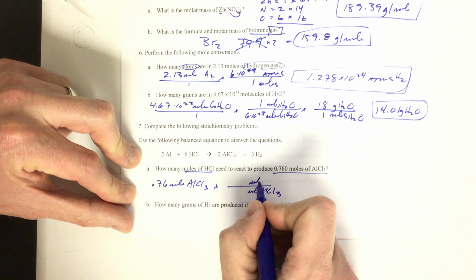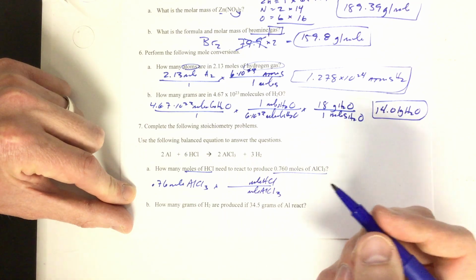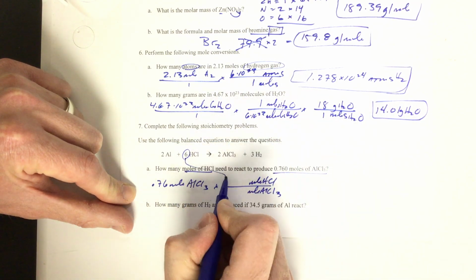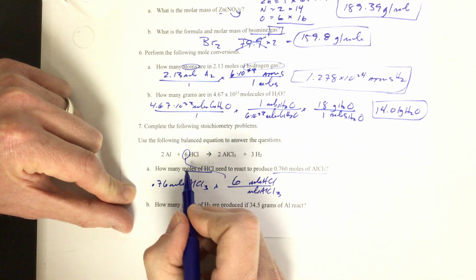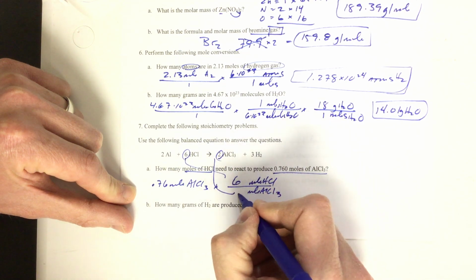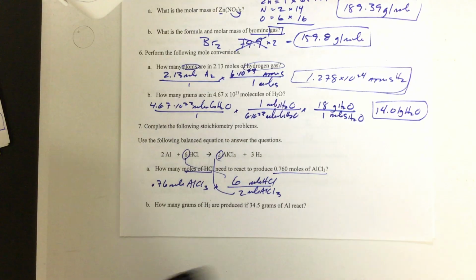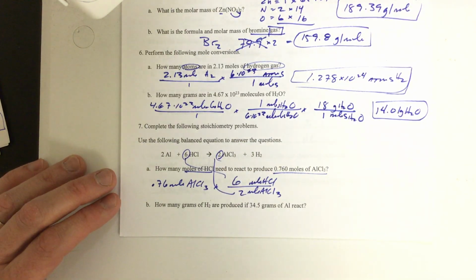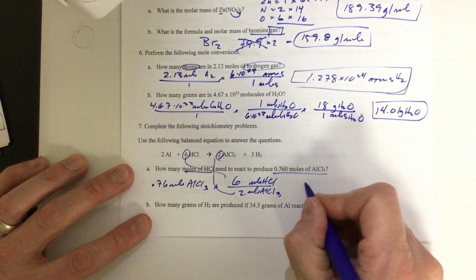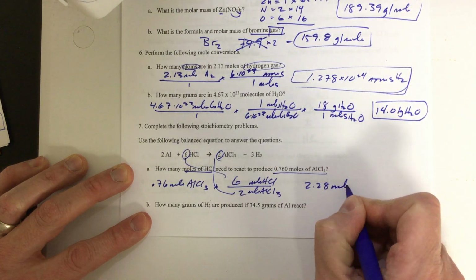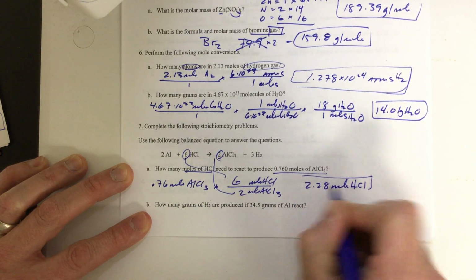I do want moles of HCl. And I have 6 moles of HCl, and I have 2 moles of aluminum chloride. And then all I'm doing is saying 0.76 times 6 divided by 2, so I get 2.28 moles of HCl.